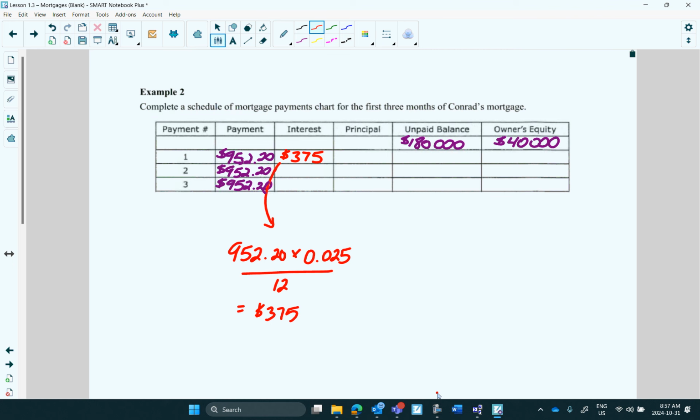Now we got to figure out, okay, if he's paying this amount of the $952.20 for interest, how much is he putting back towards the actual loan he took? Well, how would we calculate that? Wouldn't we just do $952.20 minus how much you pay for interest.